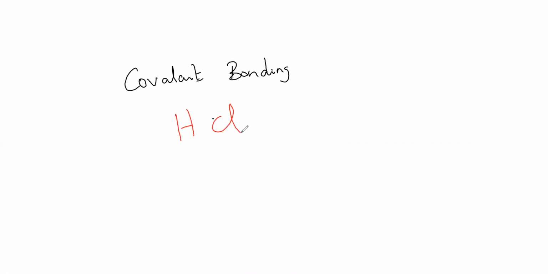Coming to covalent bonding. Ionic bonding is between a metal and a non-metal. Covalent bonding, I'll write down an example, HCl. What does it mean? It is between two non-metals sharing electrons between them.